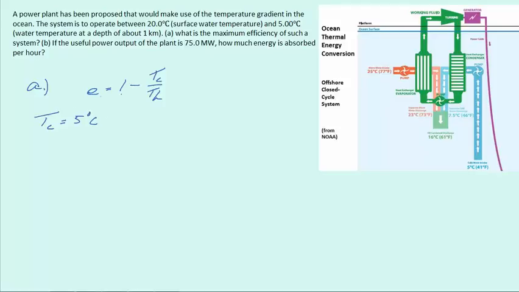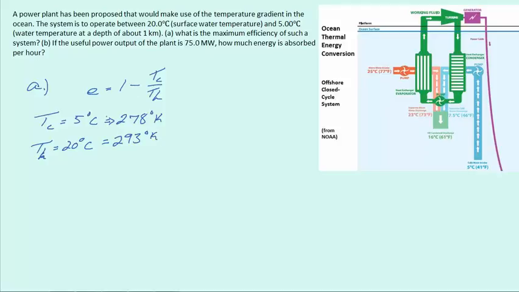And since our temperatures have to be in the Kelvin scale, we can convert our Celsius into Kelvin, which will give us a value of 278 Kelvin. And then our hot temperature would be 20 degrees Celsius, and once it was converted into the Kelvin scale, it had a value of 293 Kelvin.